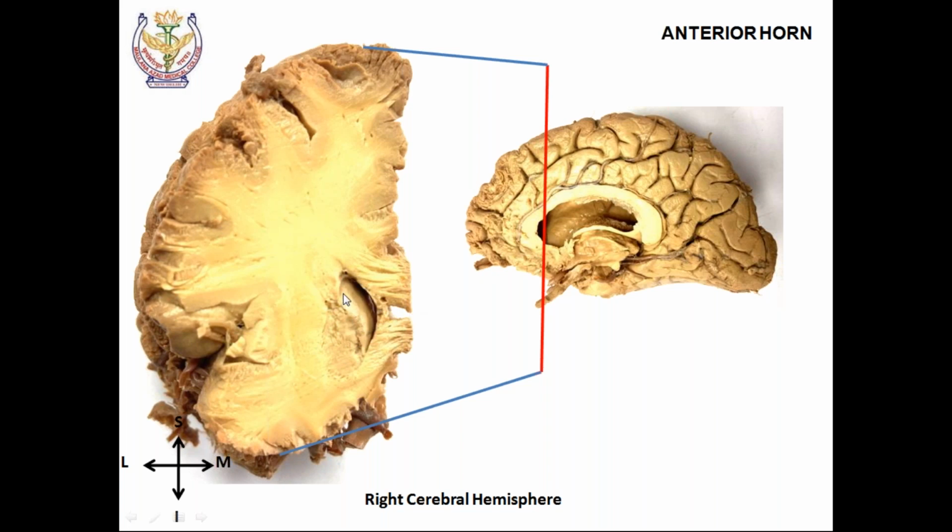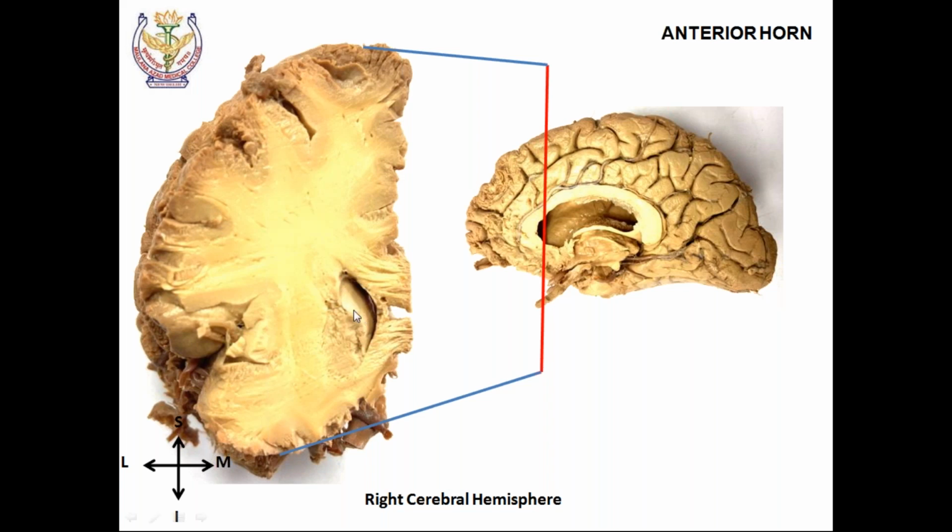So the head of the caudate nucleus is going to form the lateral boundary plus the inferior boundary, the inferolateral boundary, of the anterior horn of the lateral ventricle, while above, you can see this is the corpus callosum, which is going to be forming the roof. So it lies primarily in which lobe of the cerebrum? The frontal lobe. So frontal lobe of the cerebrum.